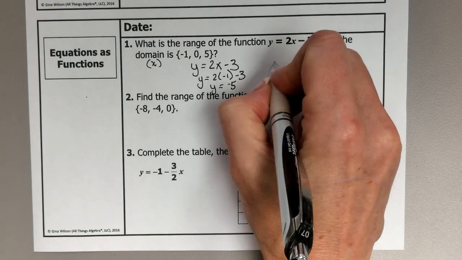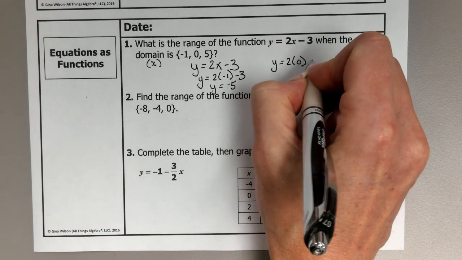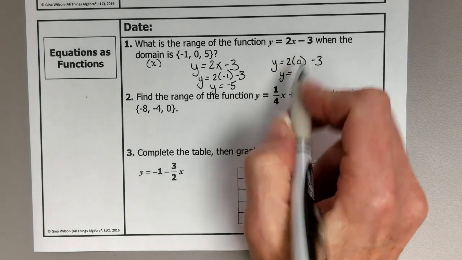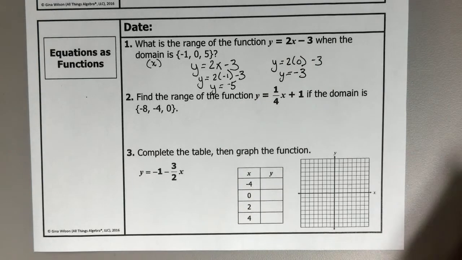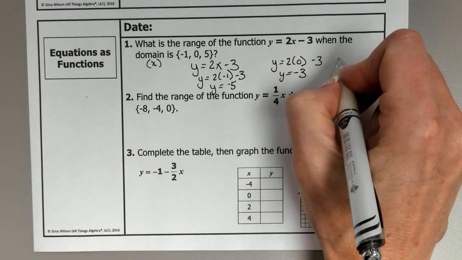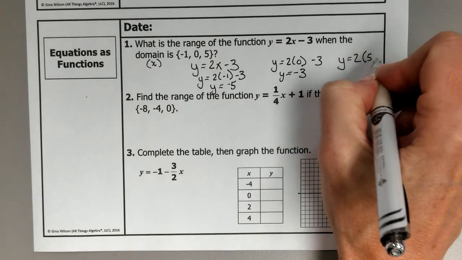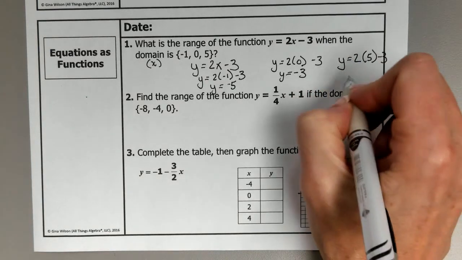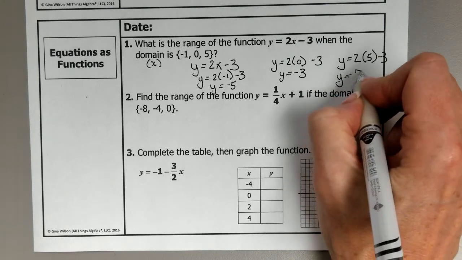I'll go to the next number. I'll plug in the 0. 2 times 0 is 0, minus 3 is -3. And then one more time, plug in the 5. So 2 times 5 is 10, minus 3 is 7.